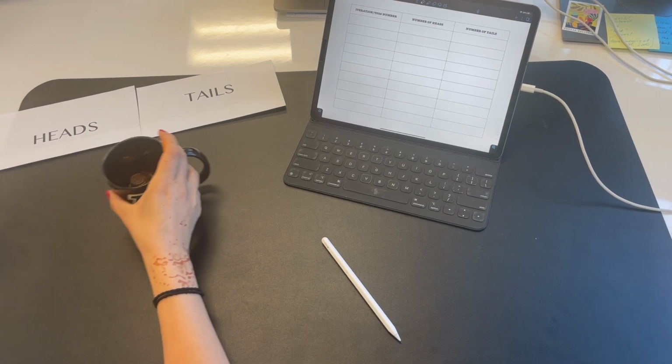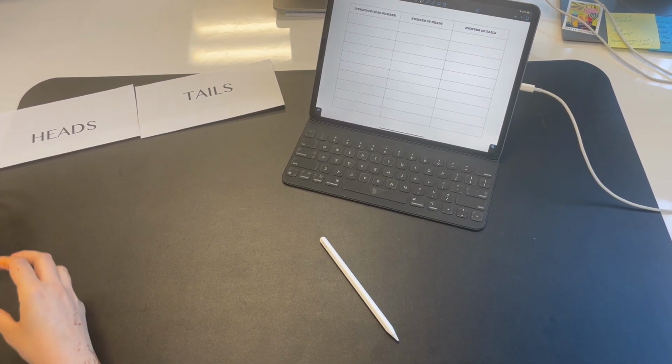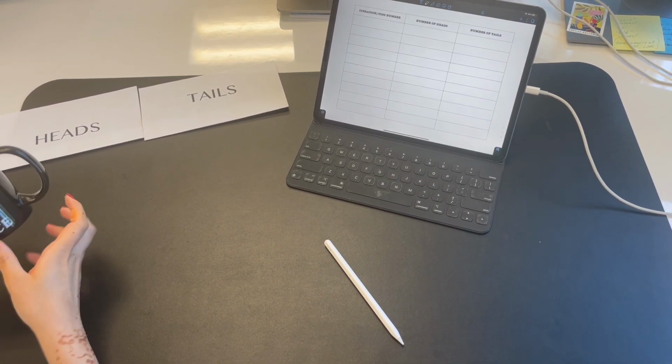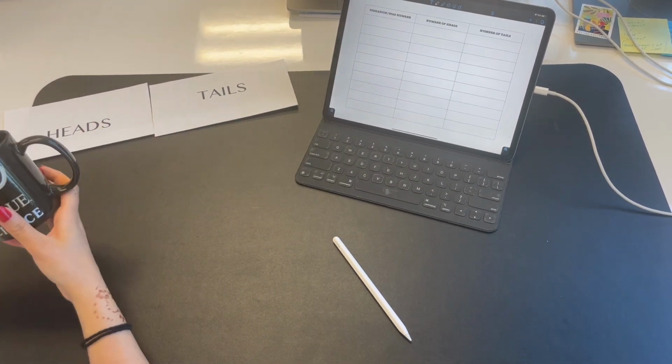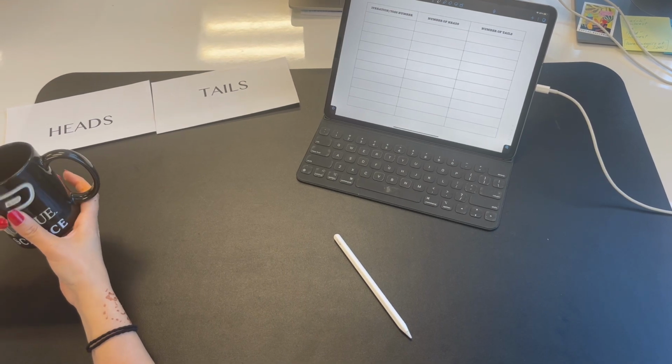Let's start the demo. I am pouring all pennies first, which are in the black mug. This is going to be recorded as iteration 0 in our data table because we have not removed any tails yet.